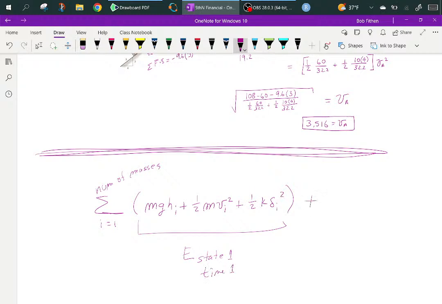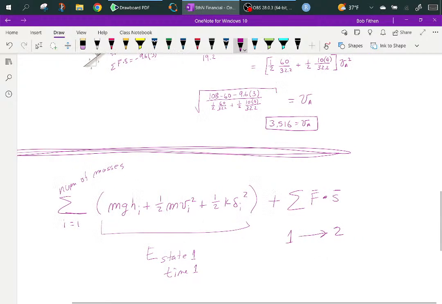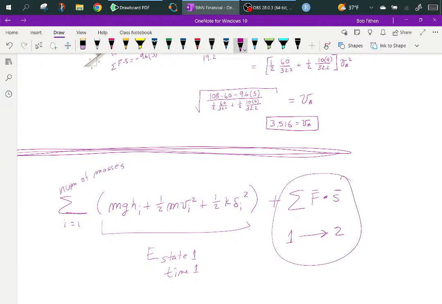and plus the sum of all the forces applied between state 1 to state 2. So this would be added energy or taken away energy from friction.